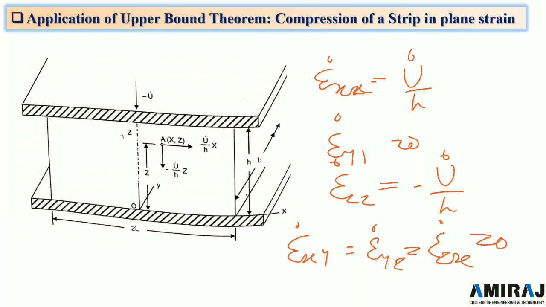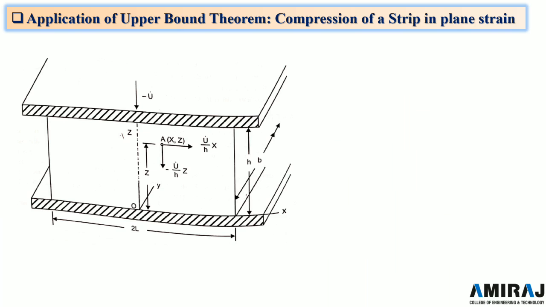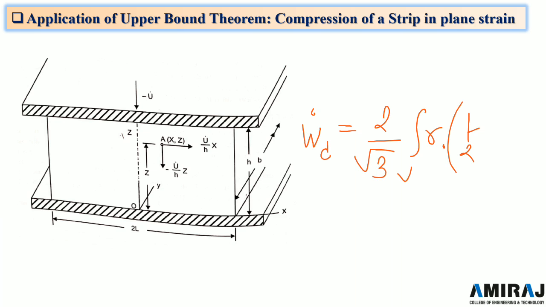So now, if we take the right hand side, let the first term be denoted here, the WD is written as 2 by root 3 integration over V of sigma O into 1 by 2 epsilon ij p epsilon ij p raised to 1 by 2 into dV.